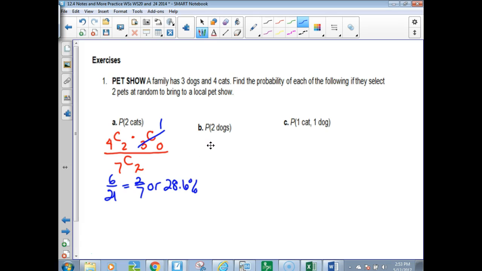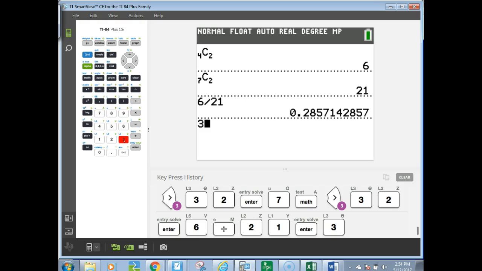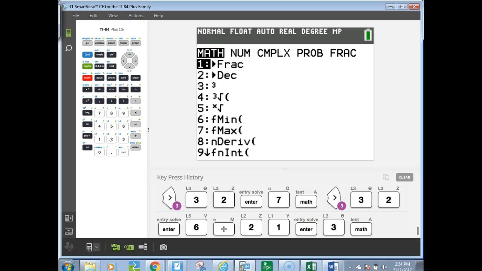So probability of taking 2 dogs, that means you're not going to take any of your cats. Do you really need to write the 4C0? No, because that's actually 1. So it's really going to be 3 combinations of 2 divided by 7C2. We already know 7C2 is 21. So let's find out what 3 combinations of 2 at a time.